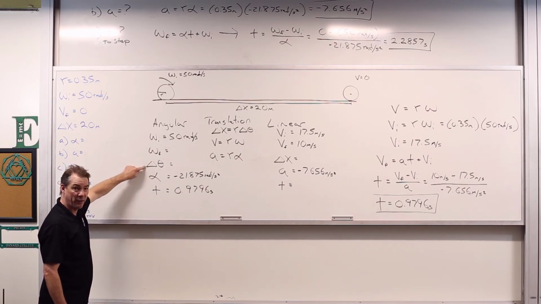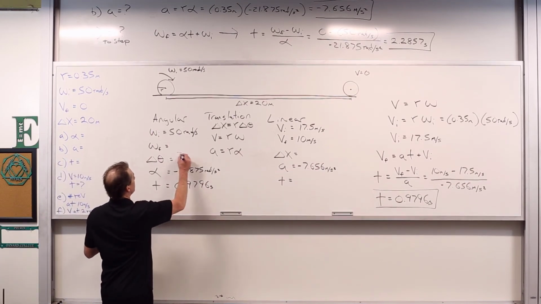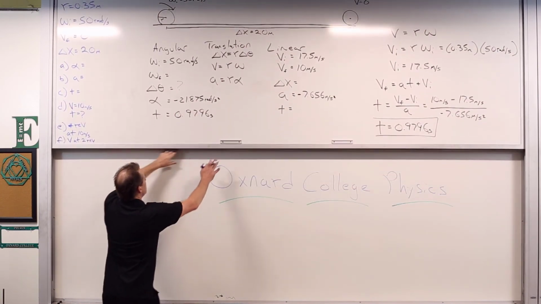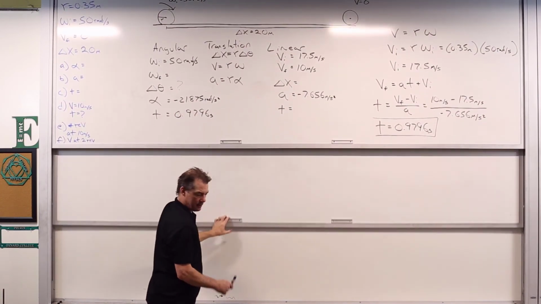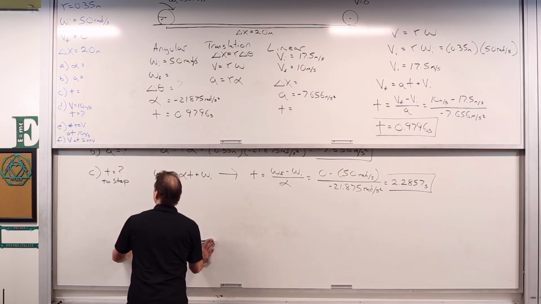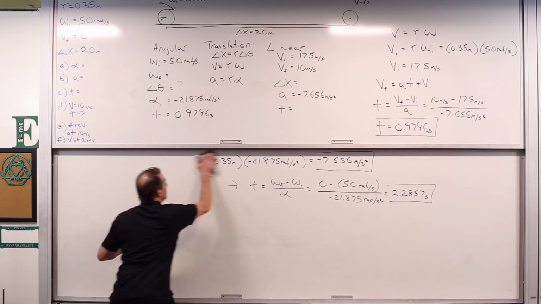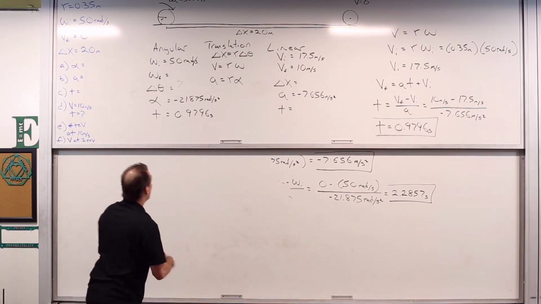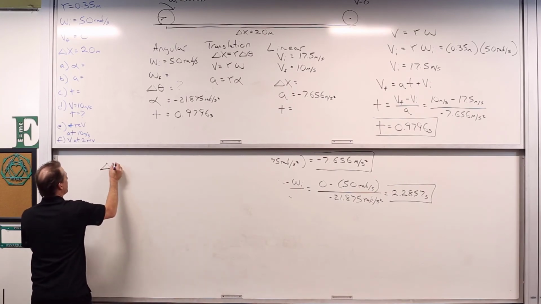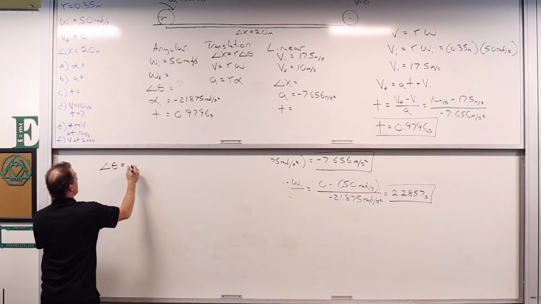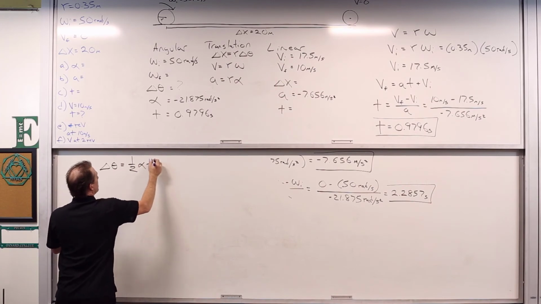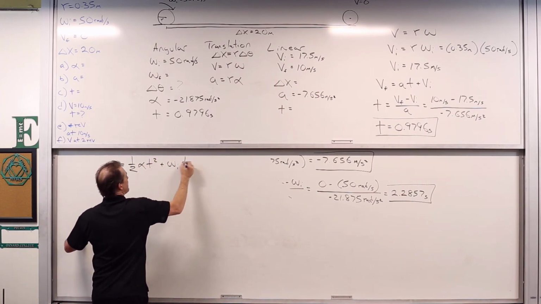We just want to know what delta theta is. So put that down, and back over here, we've got delta theta is going to be equal to 1/2 alpha t squared plus omega initial times t.